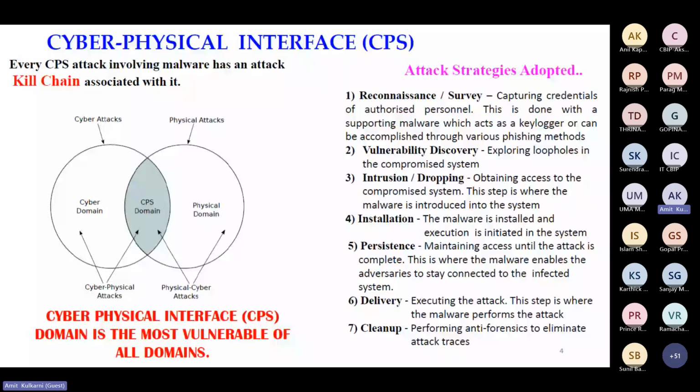Then they deliver their payload. And lastly, so that nobody can trace them, they clean up. So this is, in general, the components of a kill chain, which is generally seen in the case of the cyber physical interface.